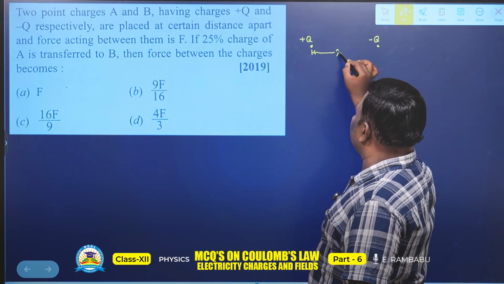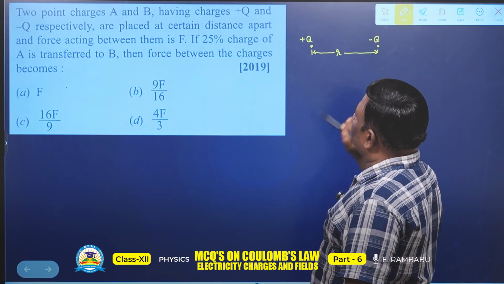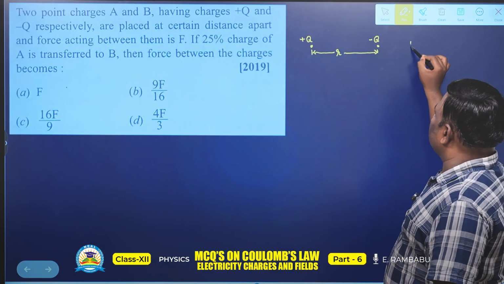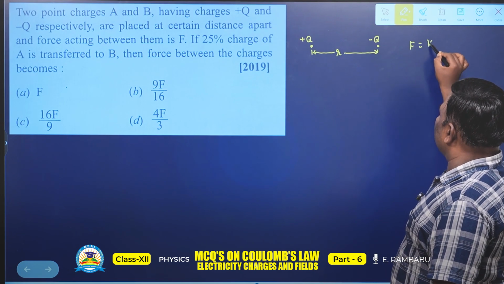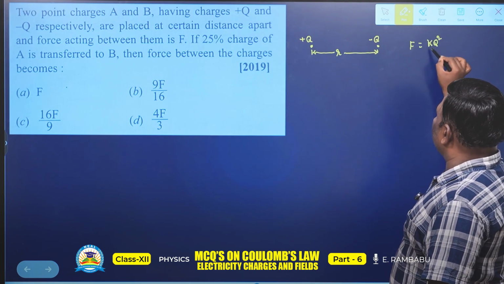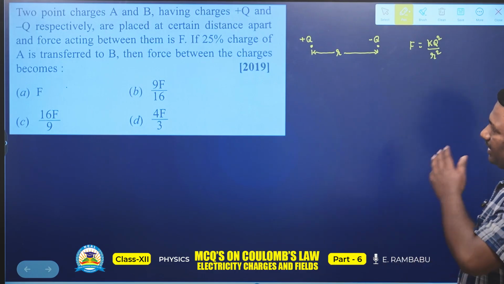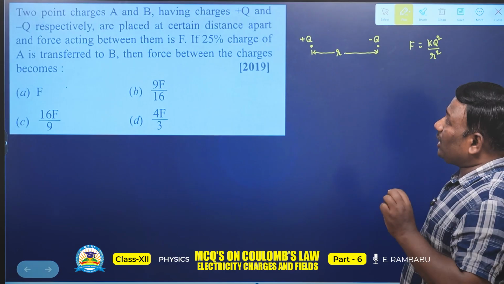That distance can be assumed as R. Then the force acting between them is F. So what is the formula for force? F is equal to K into Q1 into Q2, both are the same magnitude, so Q square by R square. Completed. Next, what have they given?